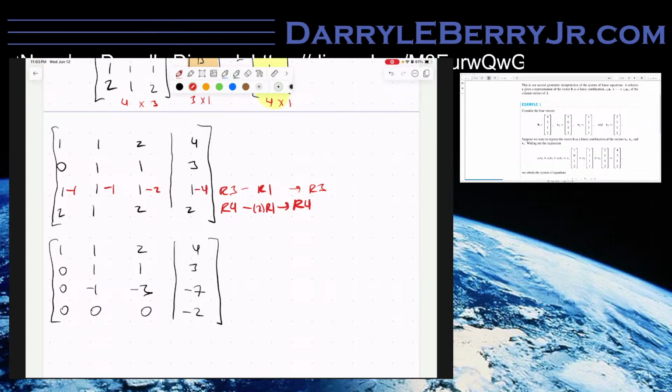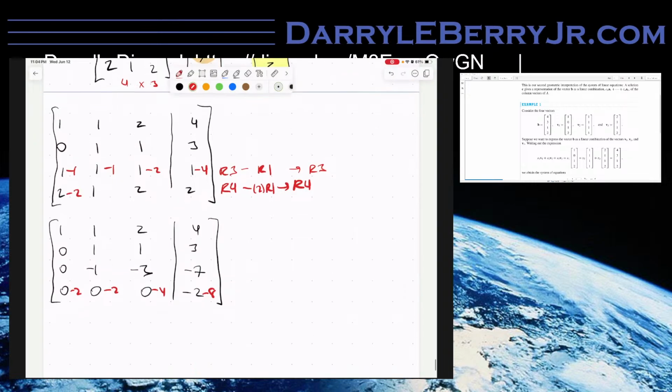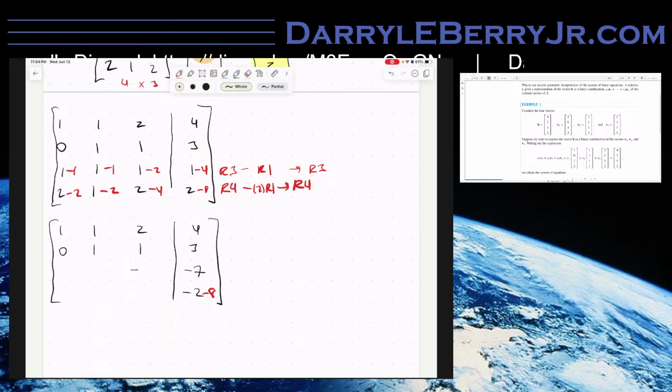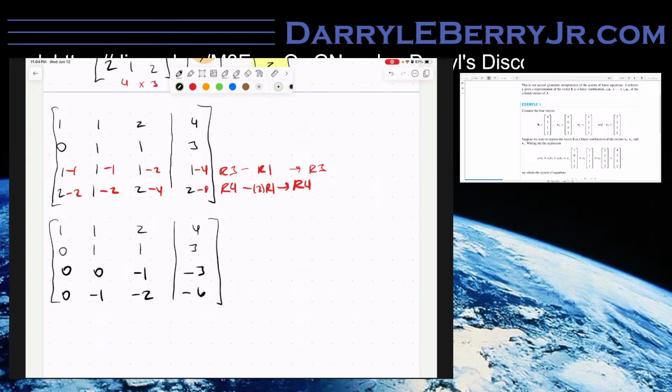And this is minus 2 row 1. So minus 2, minus 2, minus 4, minus 8. Oh, wrong spot. Minus 2, minus 4, minus 8. So I'll just erase this line completely. So then we'll have 0 like we wanted there. 0, negative 1, negative 3. Then we have 0 like we wanted there, negative 1, negative 2, and negative 6.